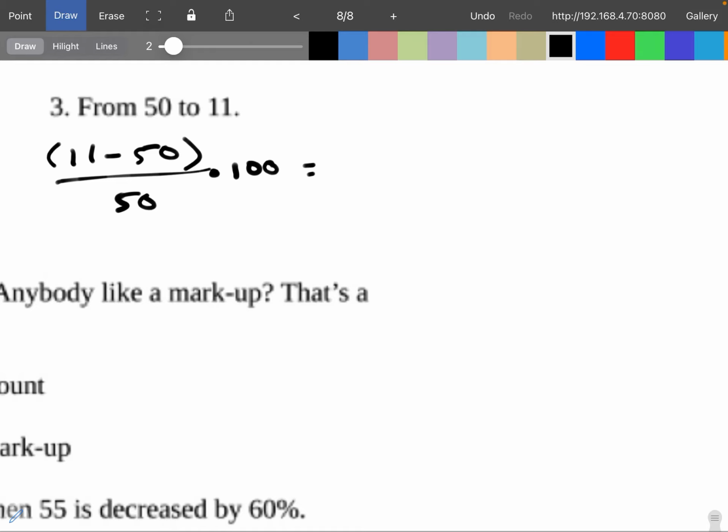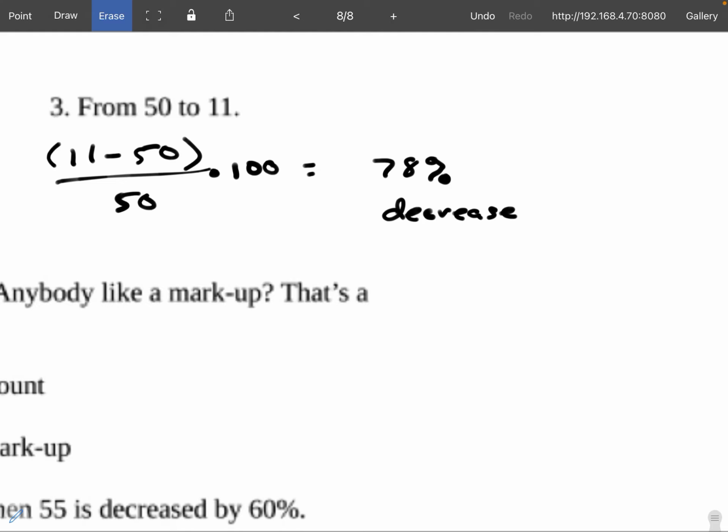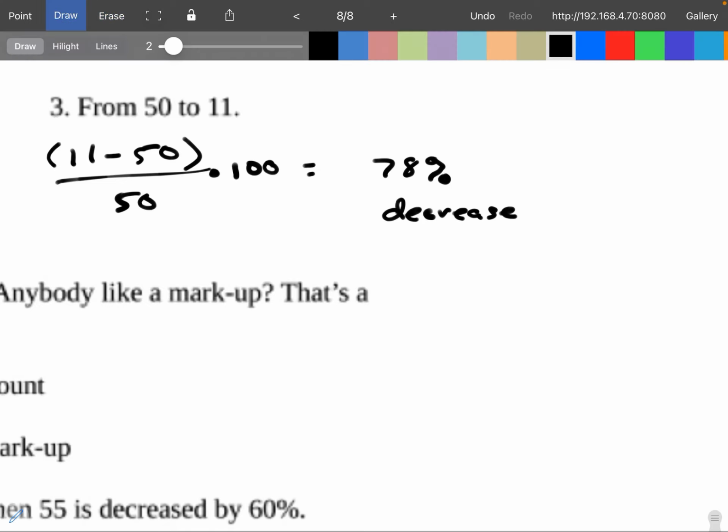Then divide that by 50 and times 100. So I get negative 78. So it's a negative 78%, but the fact that it's negative just means it's a 78% decrease. So I'm just going to take that negative off of there.